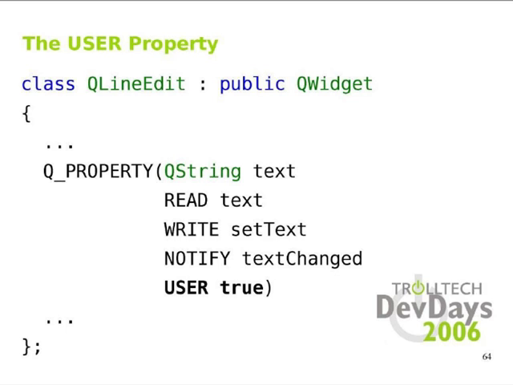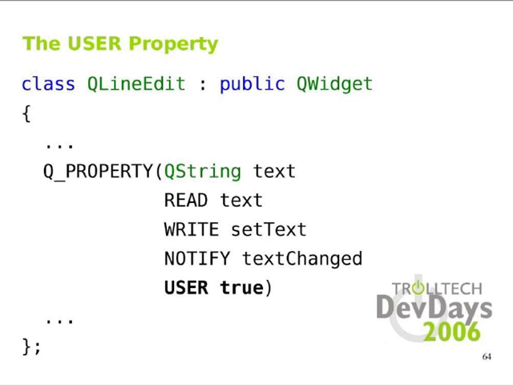And the way it works is that we use the thing called the user property. Qt 4 has the ability to set certain bits on properties, and we can define a property as a user property, meaning this is the value of the widget.